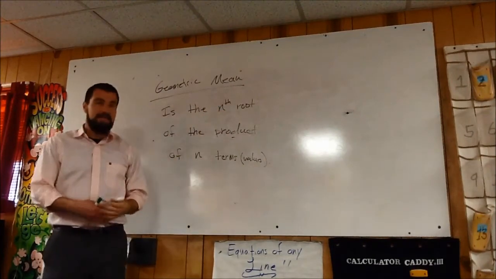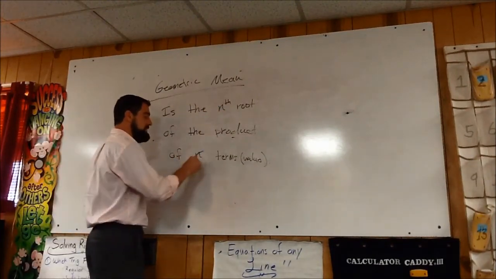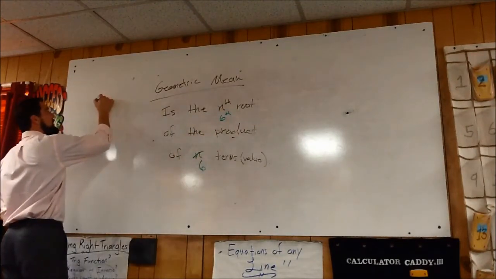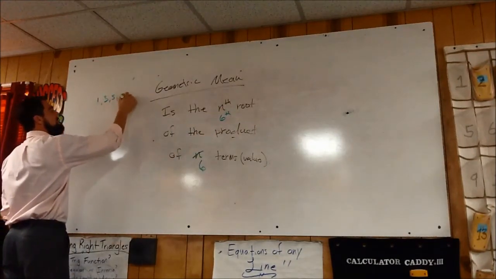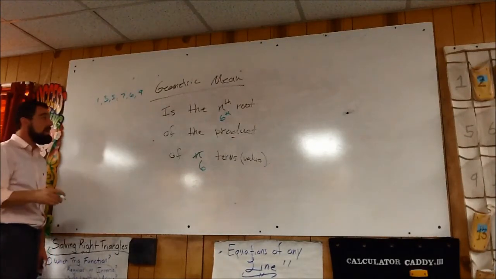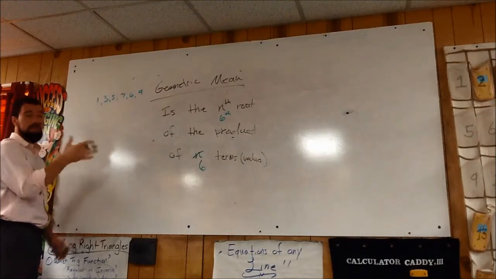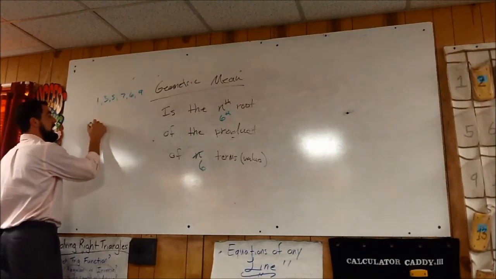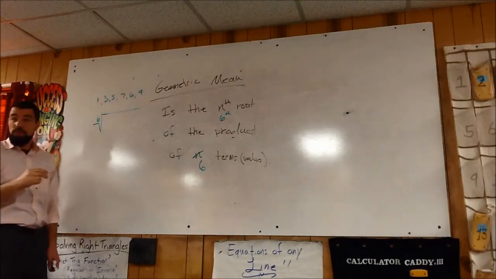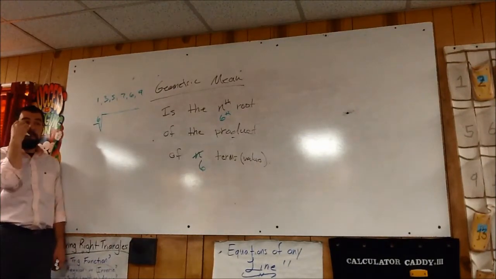If I had 6 values, let's say 1, 3, 5, 7, 6, and 9, I had these 6 terms. If I wanted to find the geometric mean of these 6 values, then I would have to take the 6th root, and so my index would be 6.